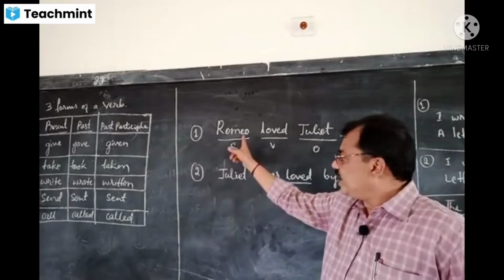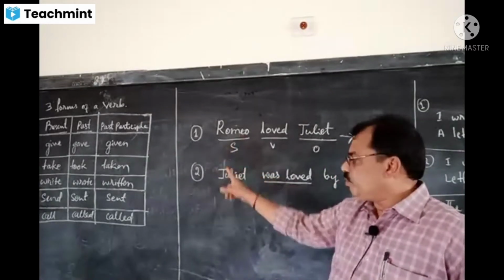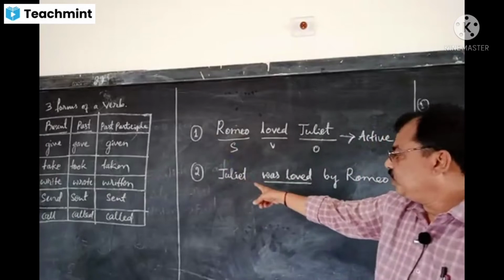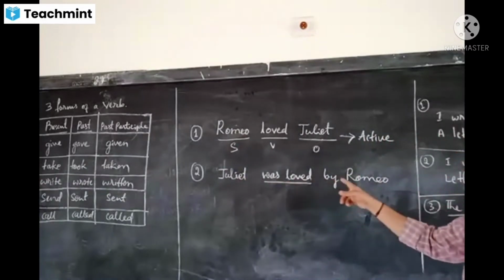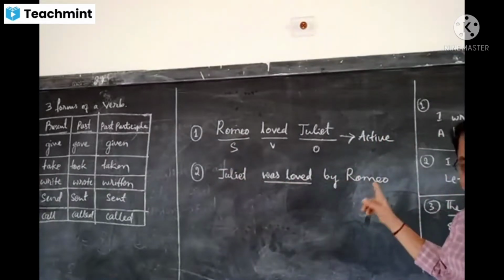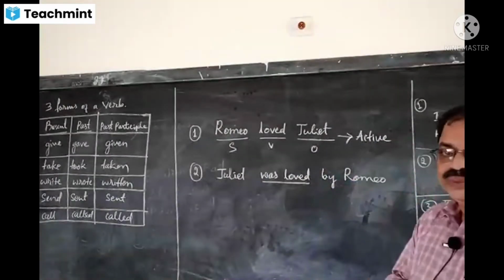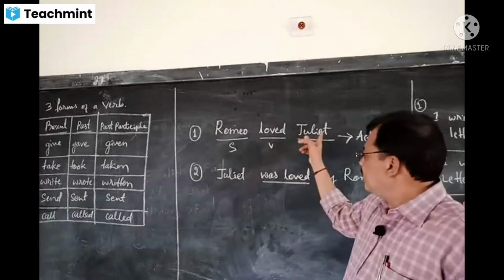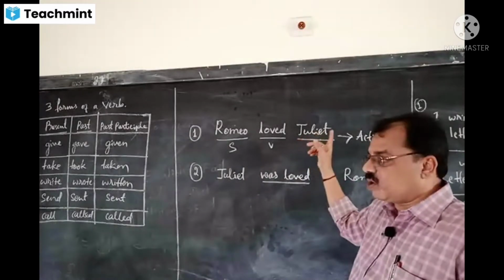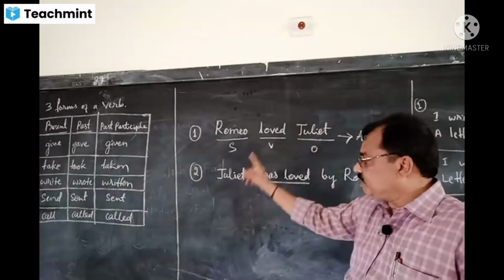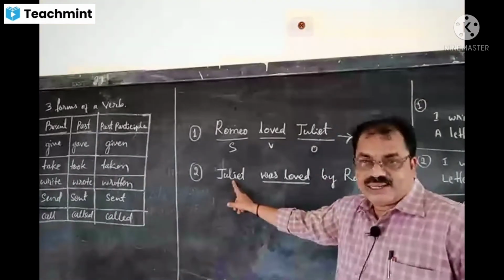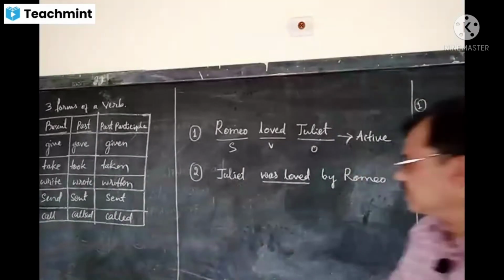Now look at example 2. I had written that active form into passive. Juliet was loved by Romeo. Look there. Here, Juliet in active voice is object, whereas it becomes subject in passive voice.